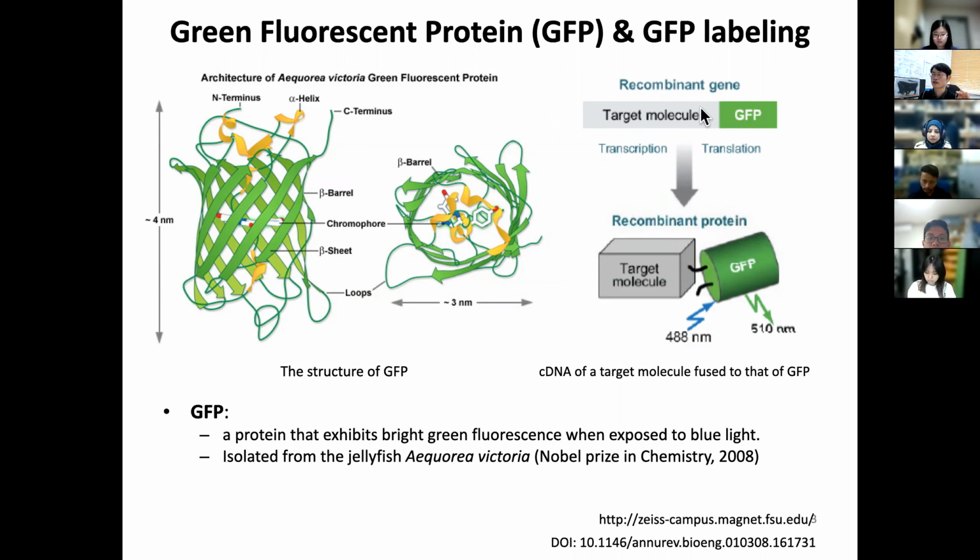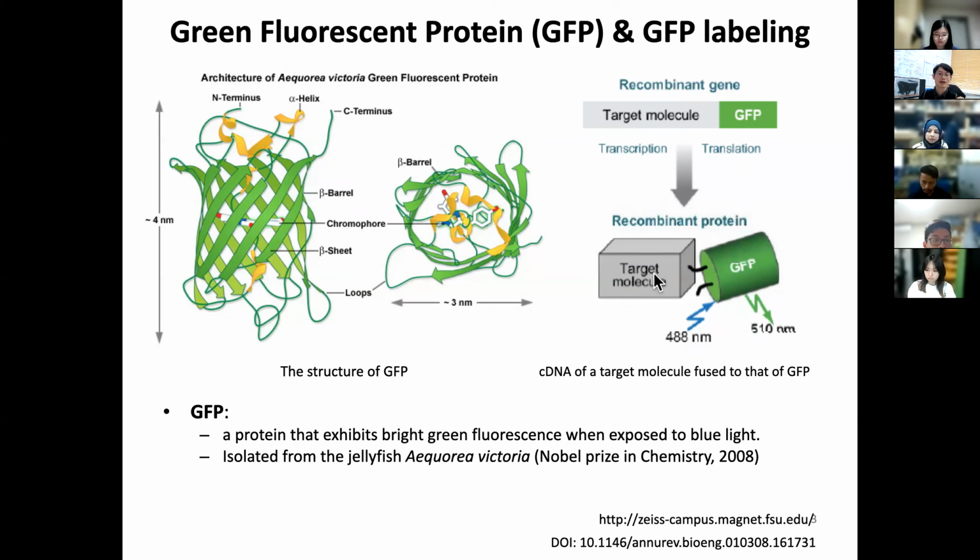Then you can recall the central dogma of molecular biology, from the DNA level to RNA and protein, and this becomes a recombinant protein. But your focus is the target molecule.